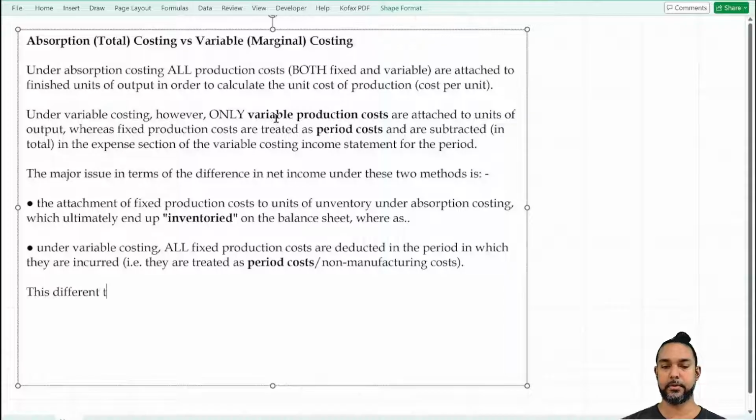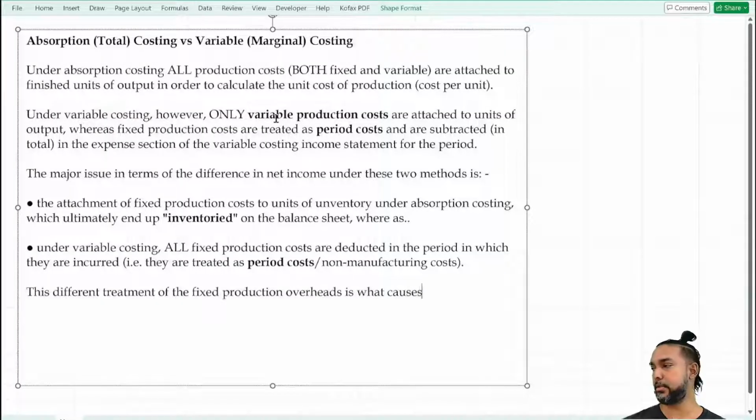This different treatment of the fixed production overheads is what causes the net incomes calculated under each of these methods to differ.